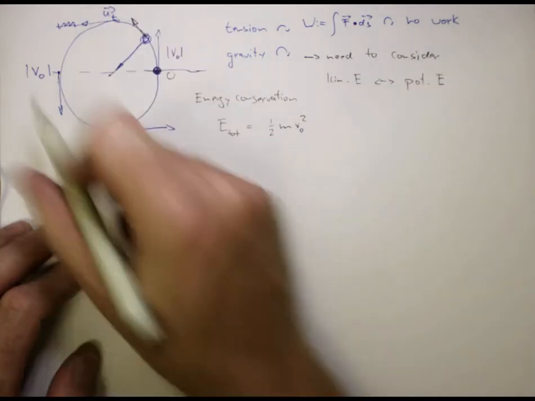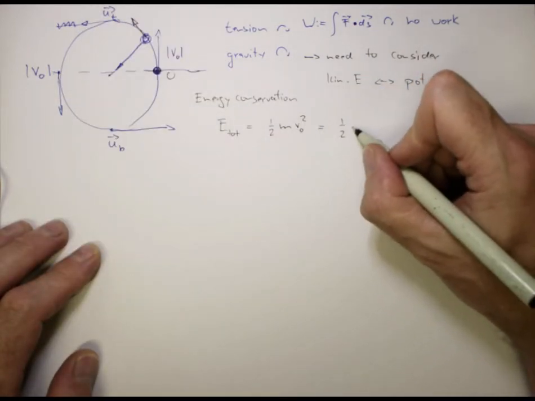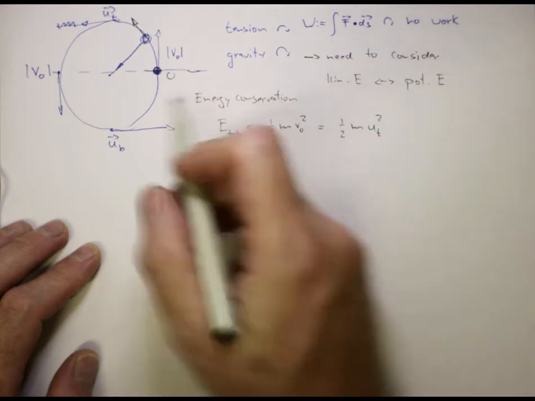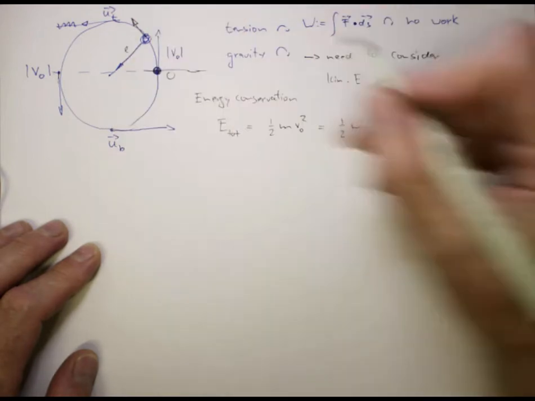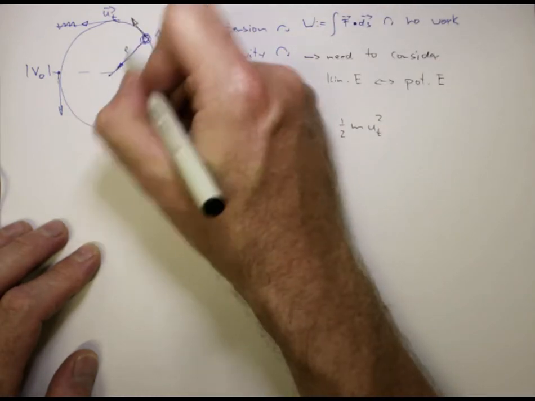If we then go up, we have a different kinetic energy, 1/2 m v_top squared, and we now also have potential energy because the ball is up some height, which is equal to L.